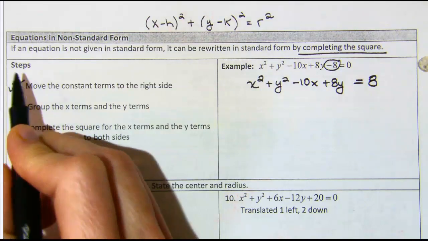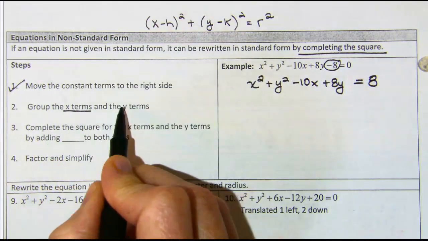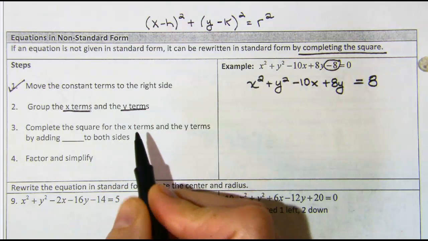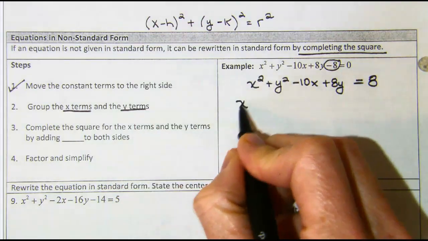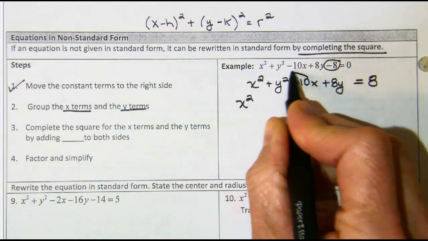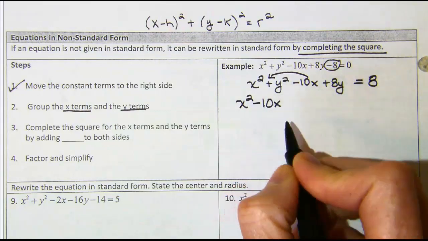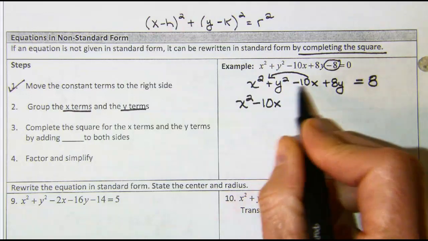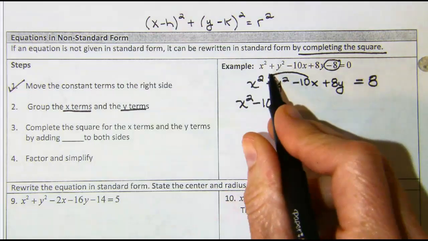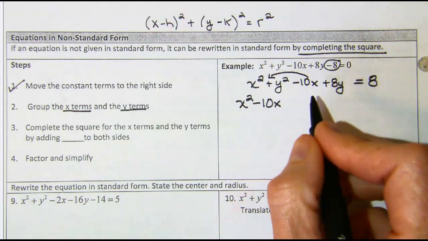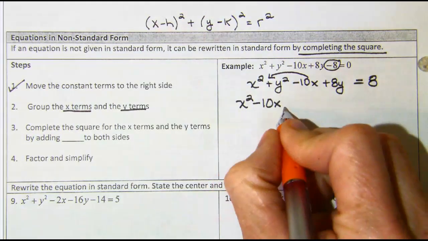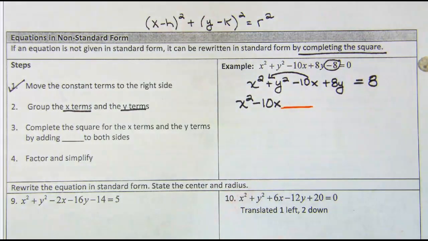Step 2, group the x terms and the y terms together. So I'm going to put x squared, and I'm going to move the minus 10x right here. It stays minus 10x because I am not moving it across an equal sign. I'm just moving it with the commutative property. I am intentionally going to leave a blank right here.